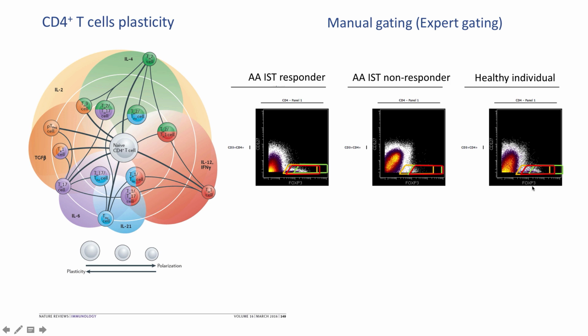But when I asked these 3 experts to gate regulatory T cells for me, as you can see here, we have 3 different kinds of gates, which are not necessarily wrong, but it's a very personal decision or personal choice of what we define as FOXP3 high or CD127 low.